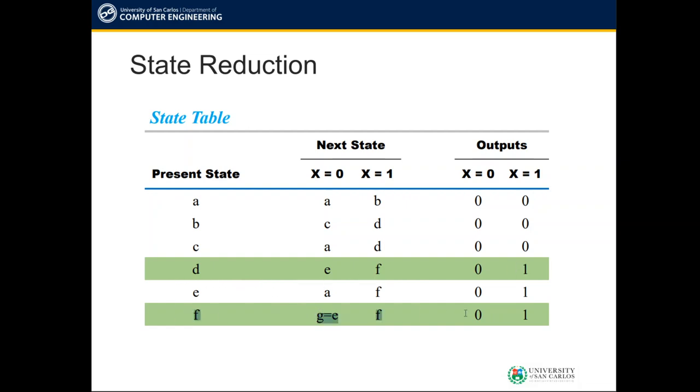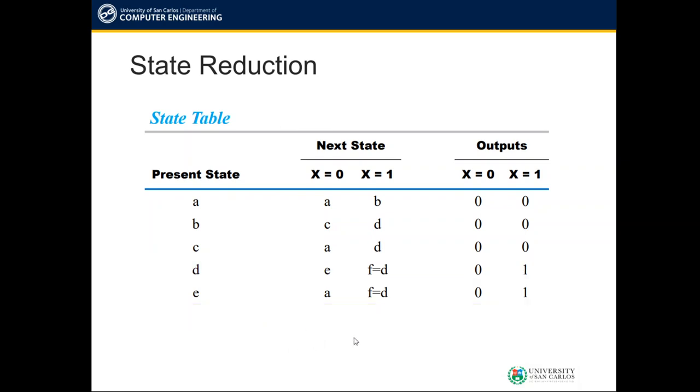If we remove F here, the F being used here is now equivalent to D. Once removing this, we have now 5 states. So basically this is now your reduced state table.